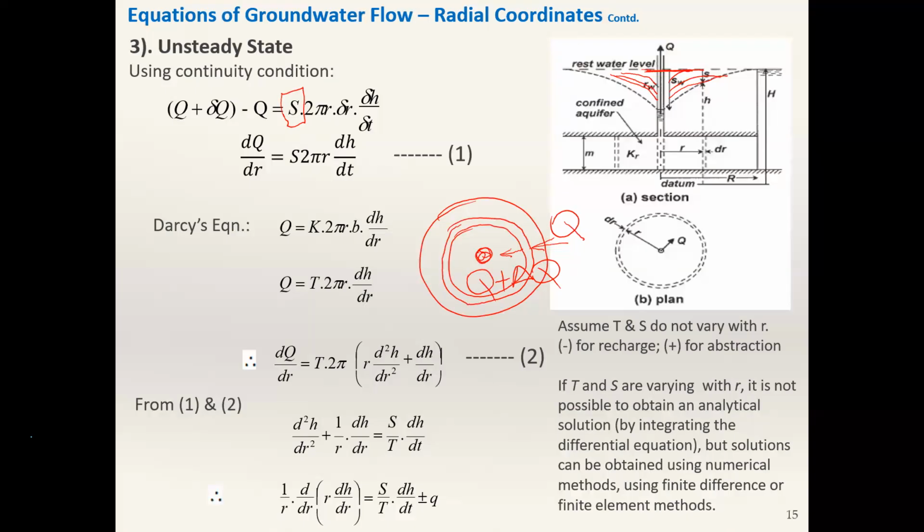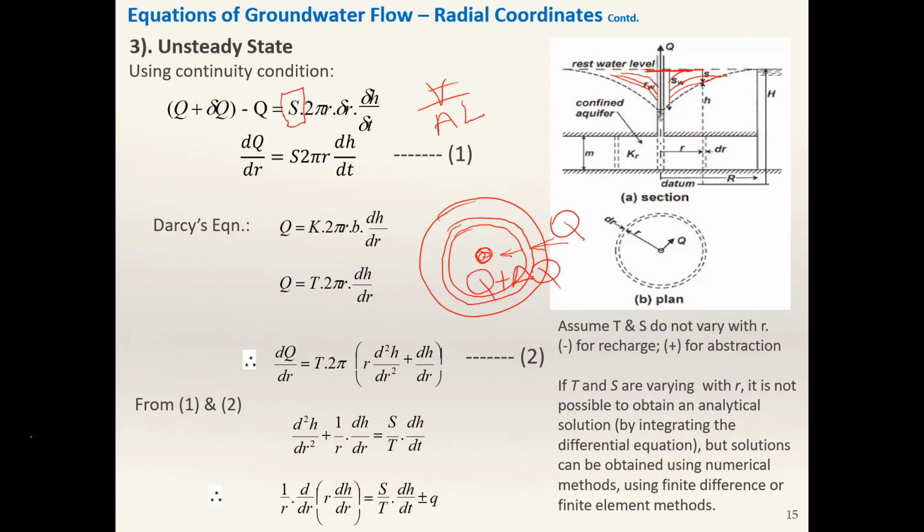When you are changing the head by 1 unit, let's say 1 meter, what is the amount of water that you can pump out? Or what is the amount of water that you can inject into the aquifer per unit area? So you are talking about a water volume per unit area when the head changes by 1 unit. That is why the storativity is dimensionless.